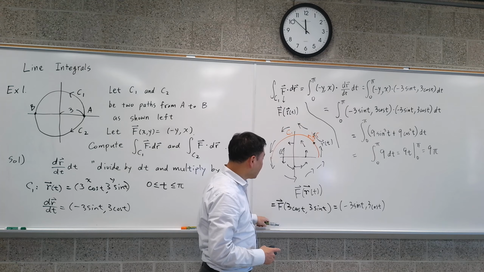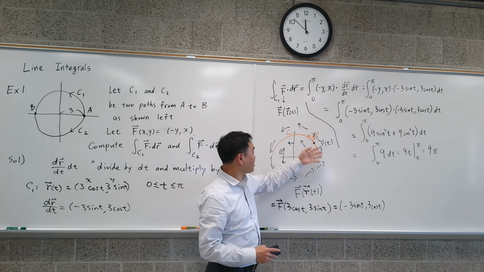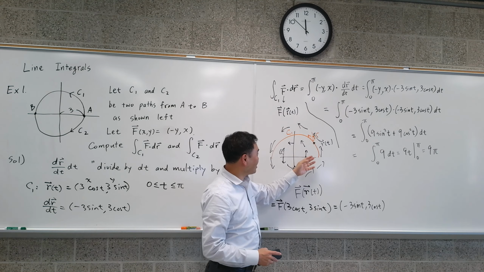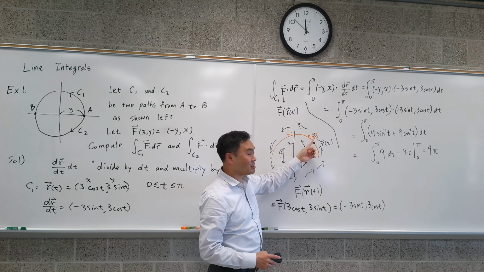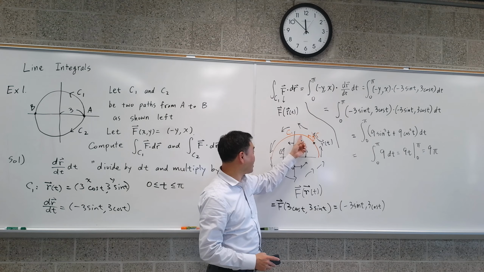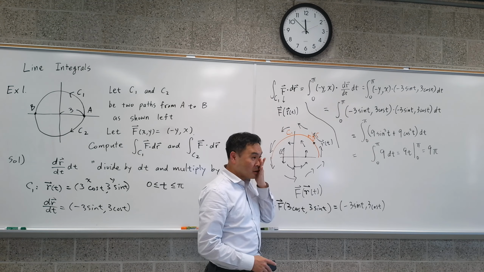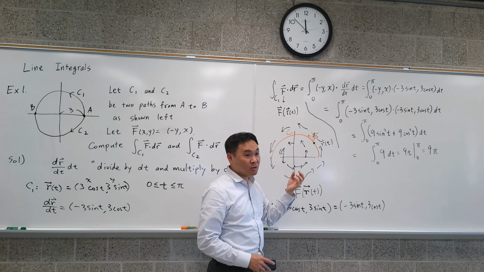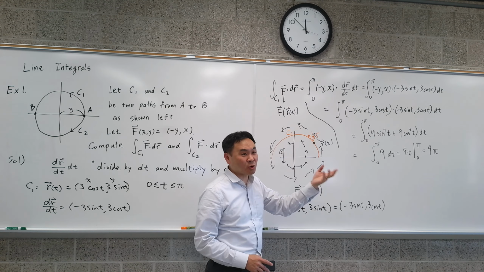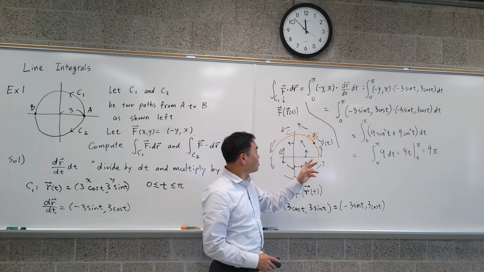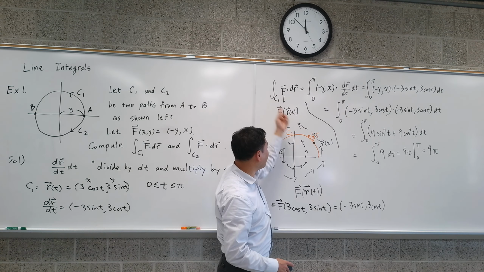Imagine this is some strange gravity field, and you're a spaceship on here, taking this path from point A to point B. Work is force times distance times cosine, which is really the dot product between the force and the displacement, right? And you add them up, you get the total.